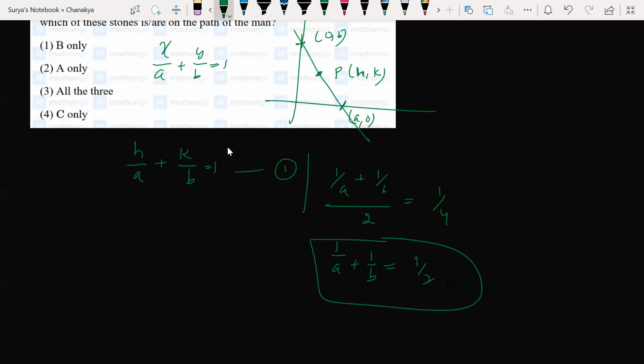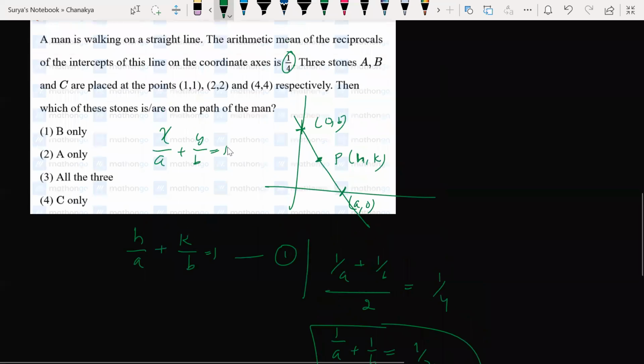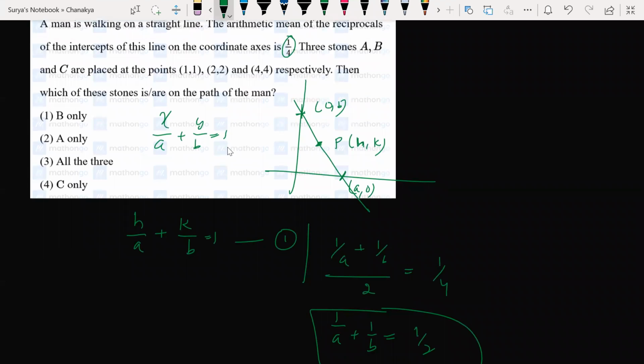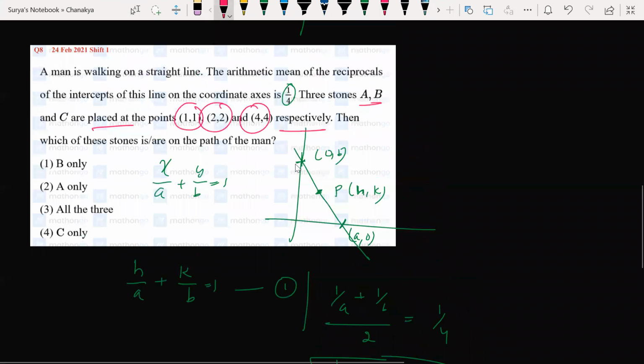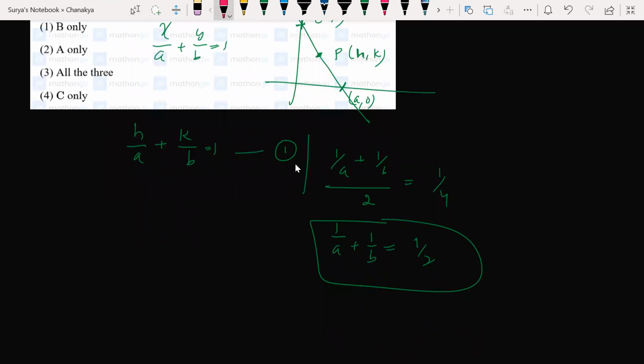So I got this. And this line passes through what? These stones are placed at the points A, B, C given to you, respectively. Which of the stones is on the path of the man? Very good question. So the line 1 by A plus 1 by B equals 1 by 2 passes through 2, 2.